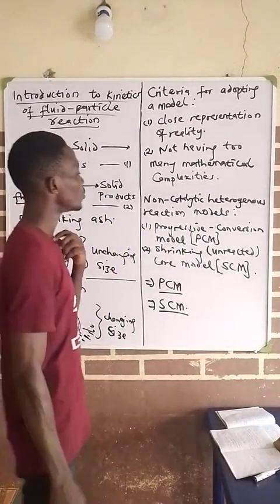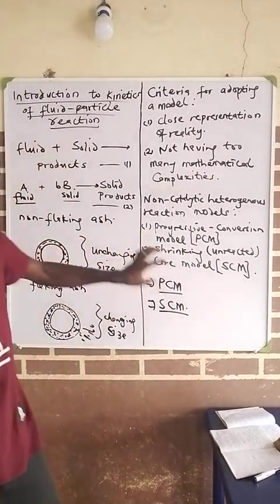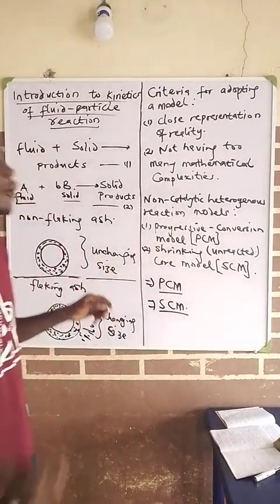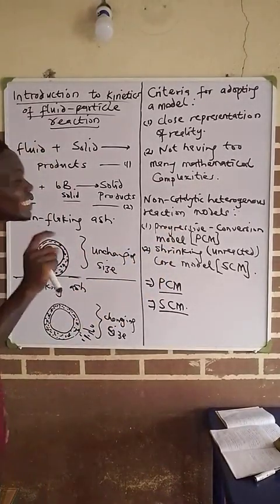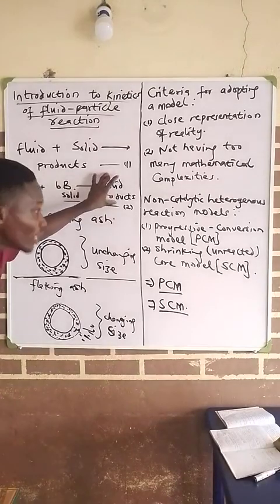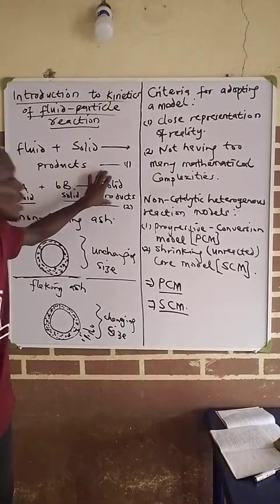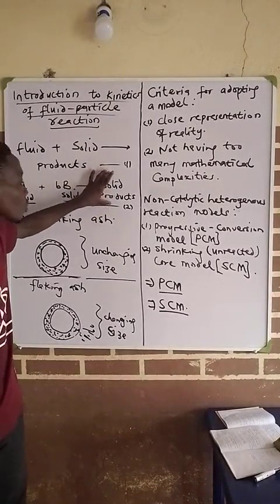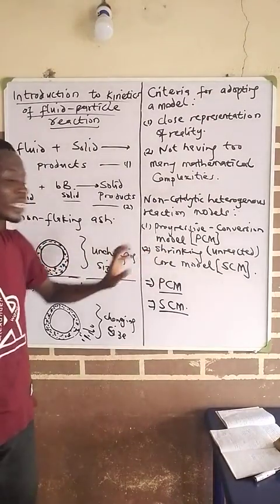So in our next video, we will be looking at SCM proper. Our derivation will be based on this chemical reaction equation, that is, the fluid reacting with solid to give solid products. The formation of this solid product follows the shrinking unreacted core model.